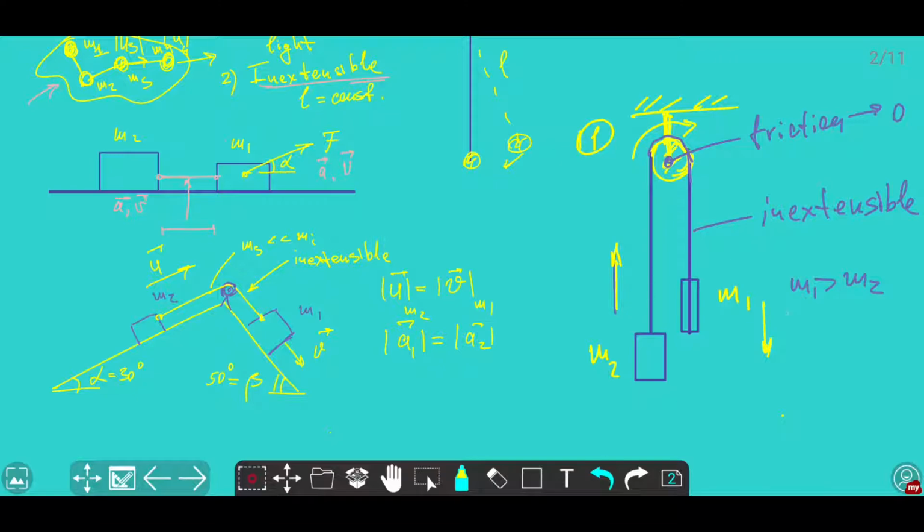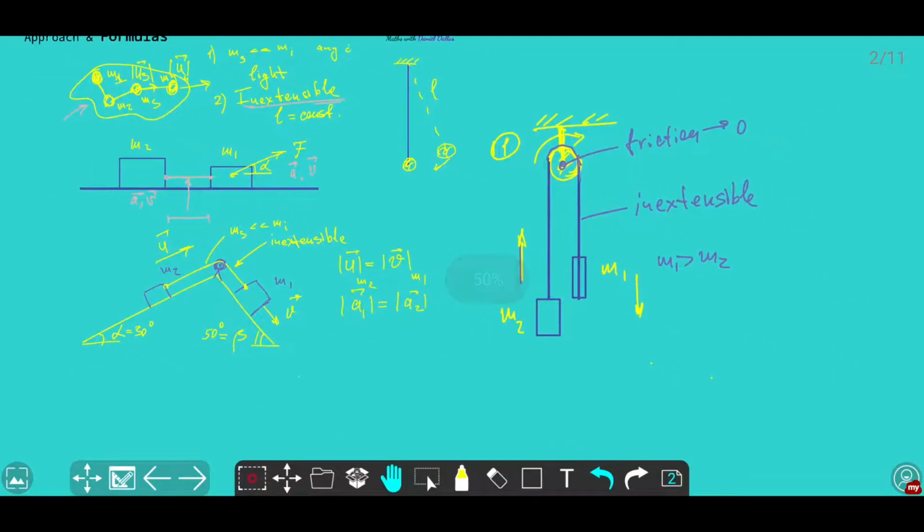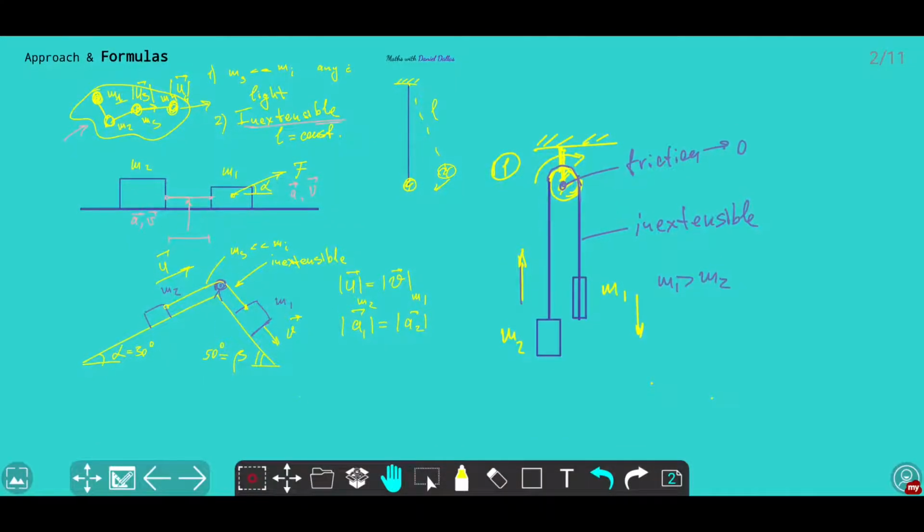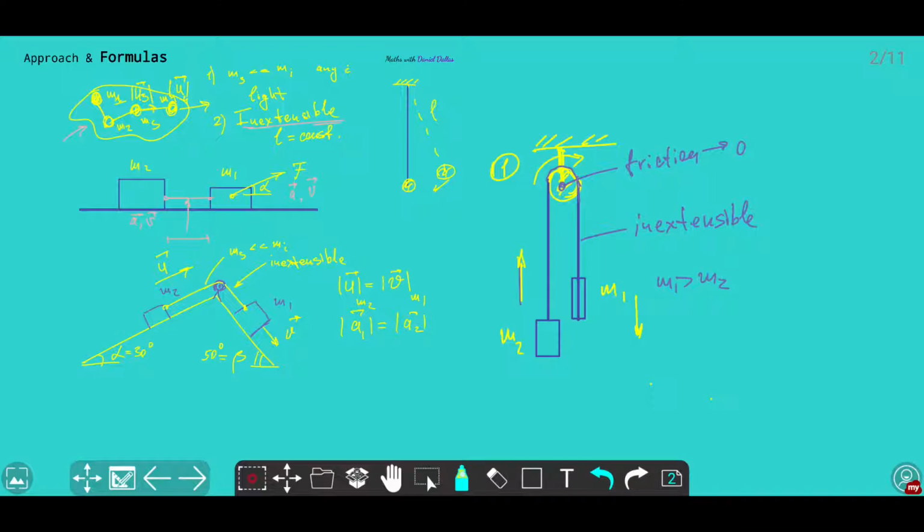You see that both objects are moving in straight, vertical lines, but in different directions. So again, velocities are different because of the directions, but in magnitude they're the same. All right, I can give you one more example with a pulley, where the pulley is used just to change directions, similar to what you can see here with inclined planes. So that's going to be case 2.